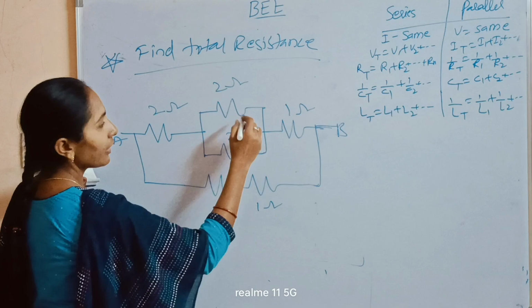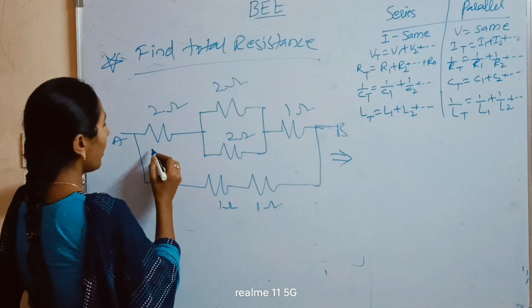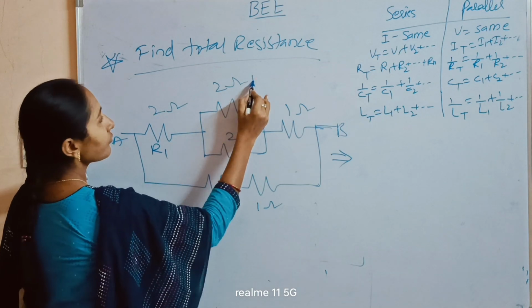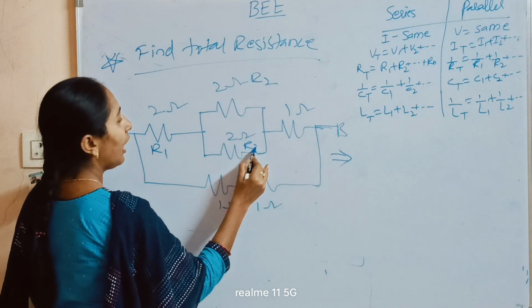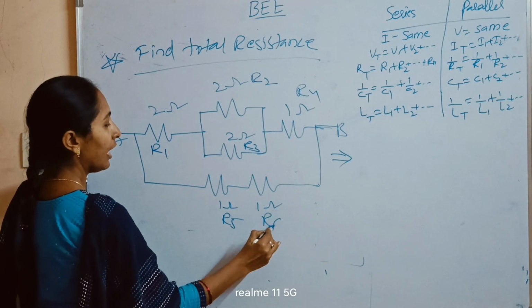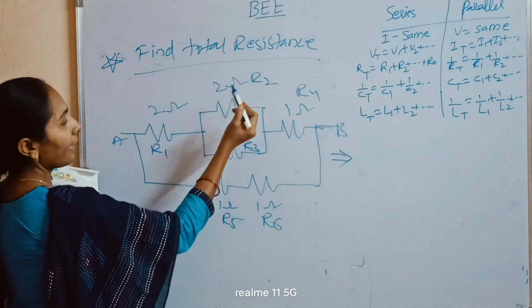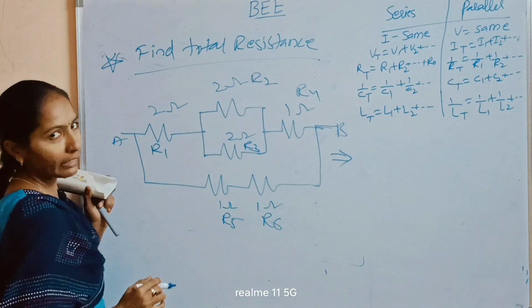So now this circuit is redrawn as, I am considering R1, R2, R3, R4, R5, R6. Just I am assuming. Now here R2 and R3 are in parallel. Okay.